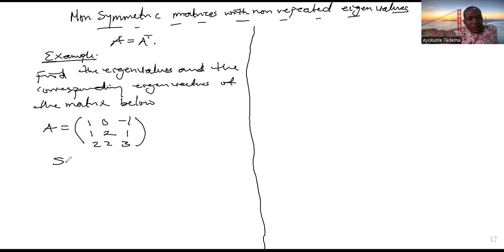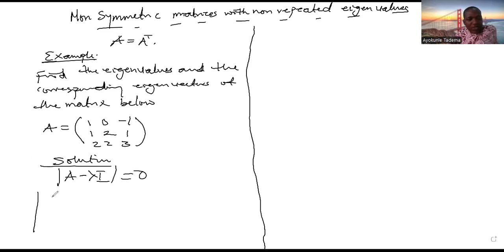Now, solution. How to find the eigenvalue of this matrix? Remember your formula: the determinant of A minus lambda I equals 0.